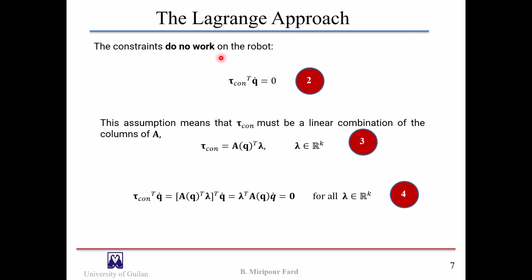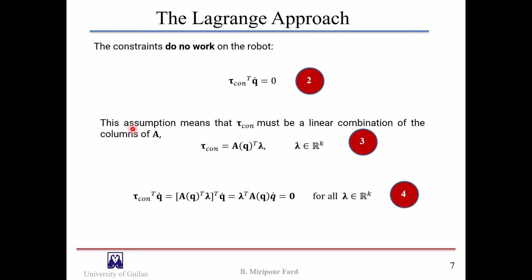In any case, we assume that the constraints do not work on the robot or on the system. That is, the generalized force denoted by tau con due to the constraint satisfies equation 2, which is tau con transpose times q dot equals 0.